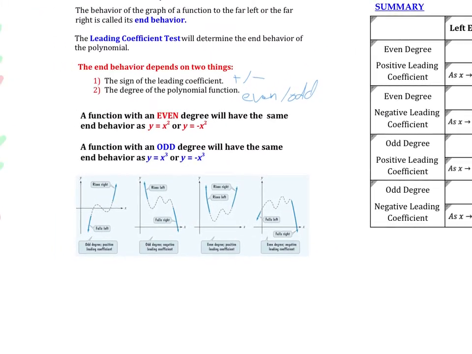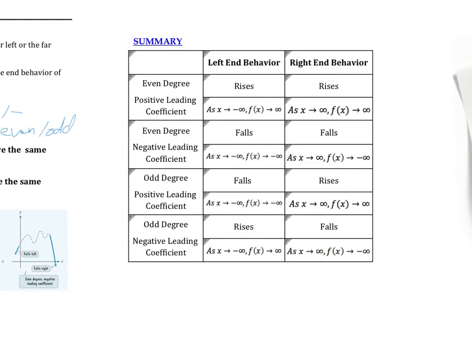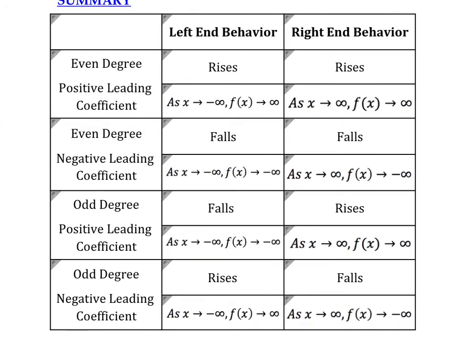All right, so now we're going to get into the funky notation. Whenever you see "as x approaches negative infinity," that means you're talking about the left side of your graph, what is happening on the left side. So all of these little cells have an "as x approaches negative infinity" to it.